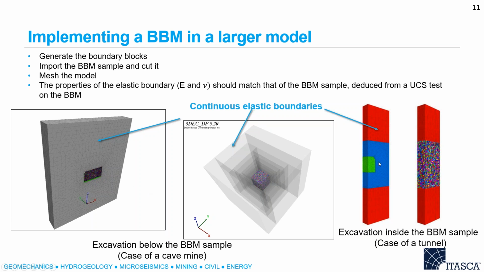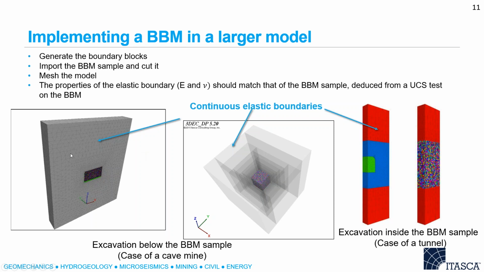For example, for this case where we have an excavation into a tunnel, or for this case where we have an excavation representing the cave back in a cave mine. So the elastic boundary will permit a proper stress shedding in the model.